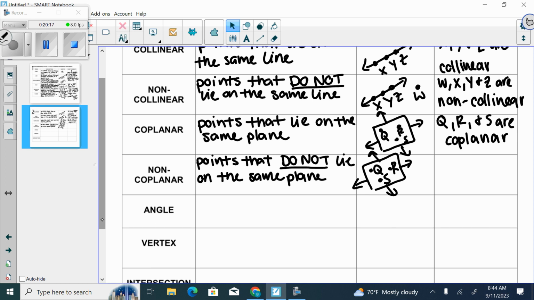So I can't draw 3D, I'm not that good of an artist, but let's pretend that the point that I'm about to put down is in this plane that's existing, that's running vertically, while this one runs horizontally. If there's a point up here, obviously if it's on this plane, it can't be on this plane, right? So I'm just going to put a point out here to the side. So those 4 points, Q, R, S, and T, are non-coplanar.